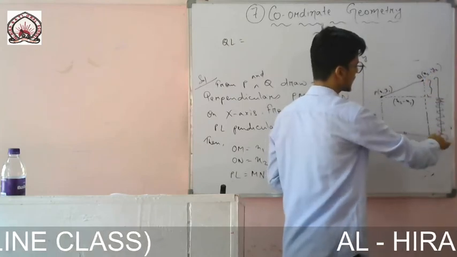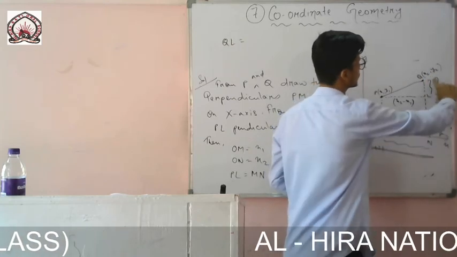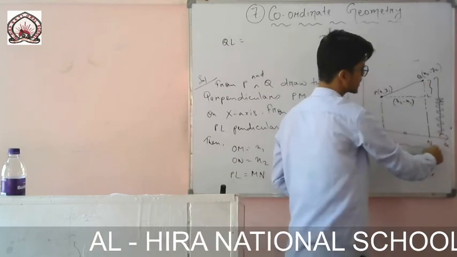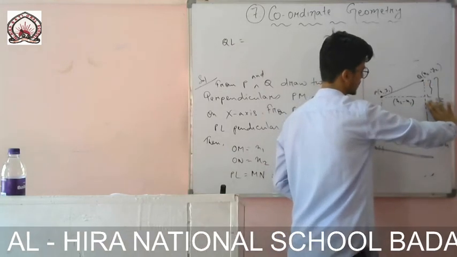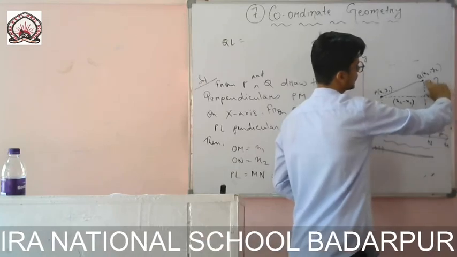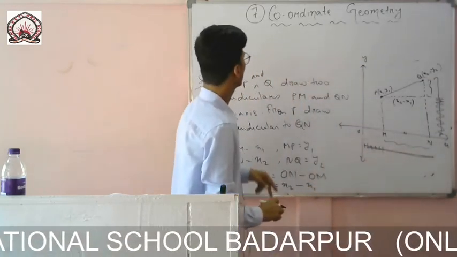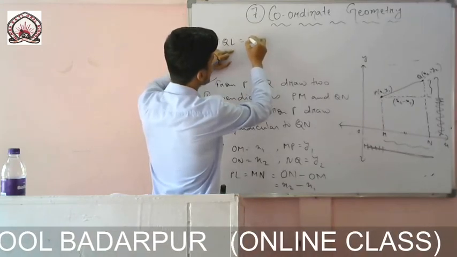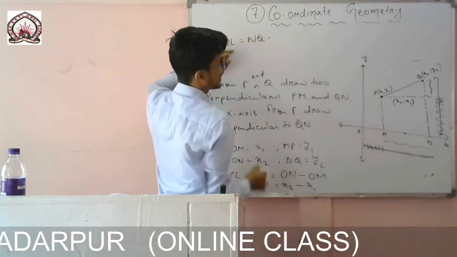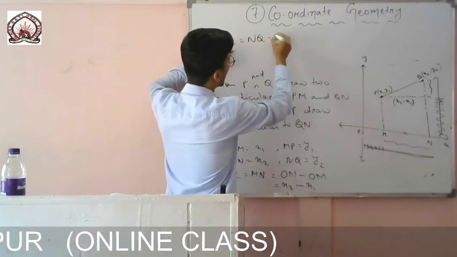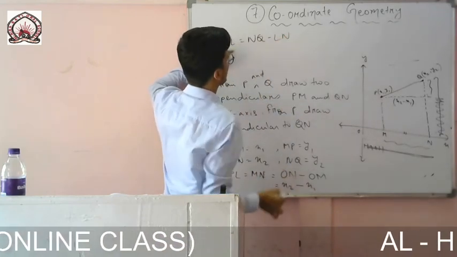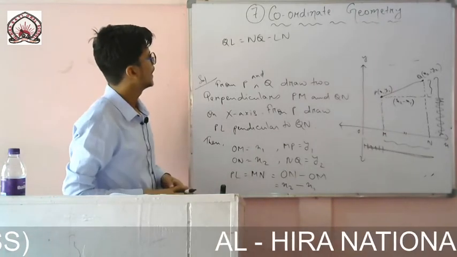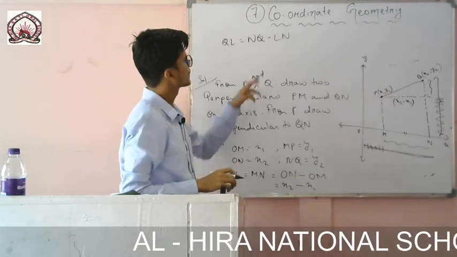The whole line QN, if I subtract this part that is LN, then I will get this side. So in place of writing QL, I will write NQ minus LN.